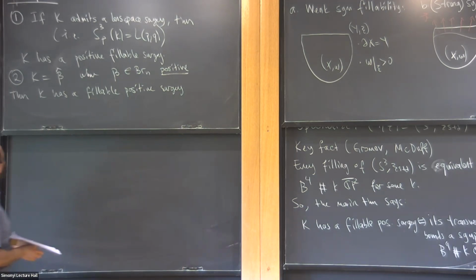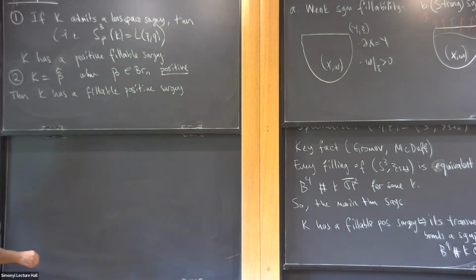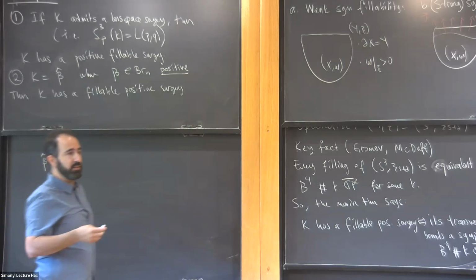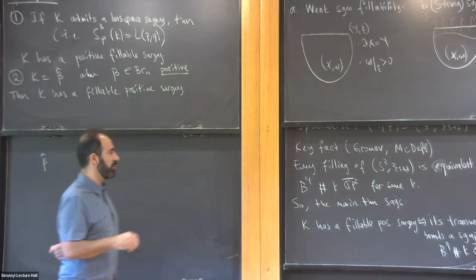So what's the idea here? The key point is this algorithm that we will use, due to Boileau and Weber. If you start with an arbitrary braid, it doesn't have to be positive, it doesn't even have to have a closure with a single component, it could have multiple components.